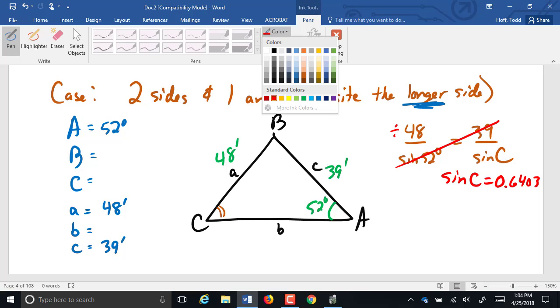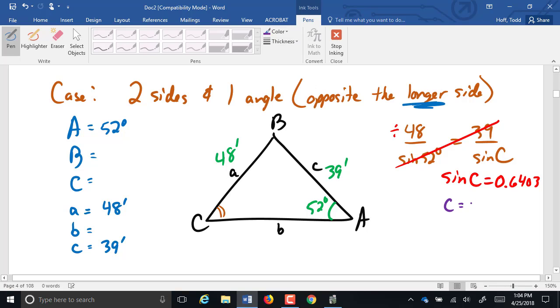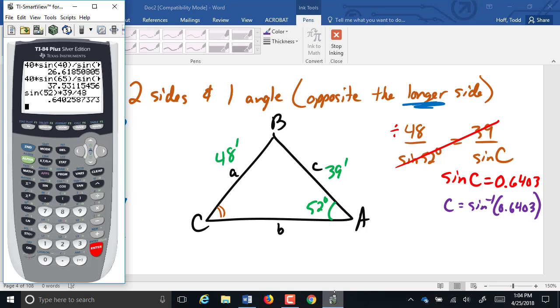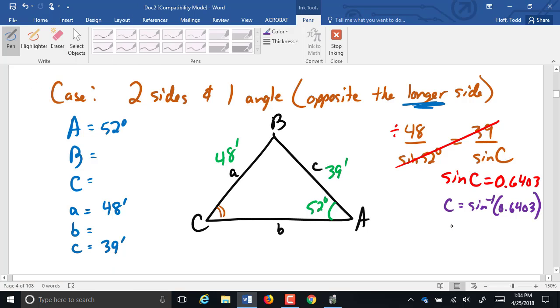So C itself is the inverse sine of that 0.6403. This again is one I keep in the calculator. Second sine, second answer. 39.81 degrees. So C is 39.81 degrees.